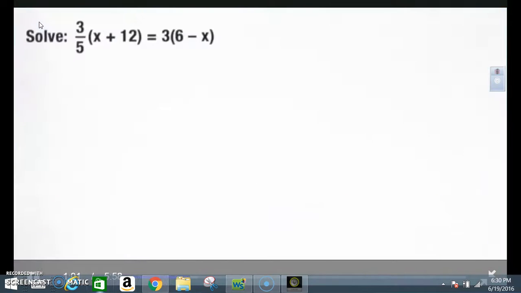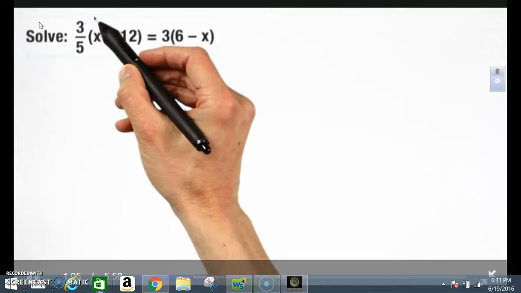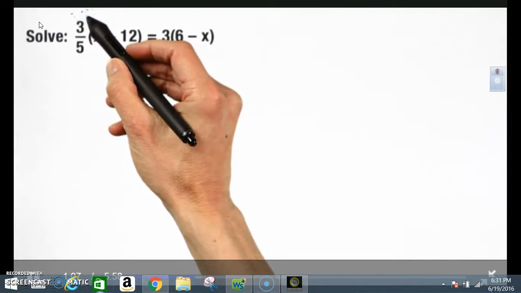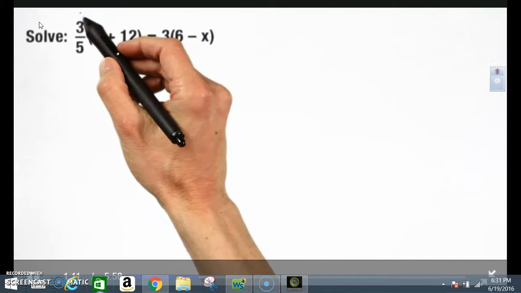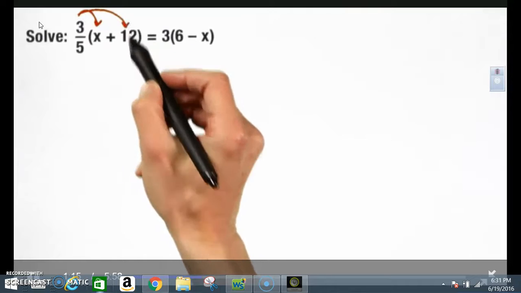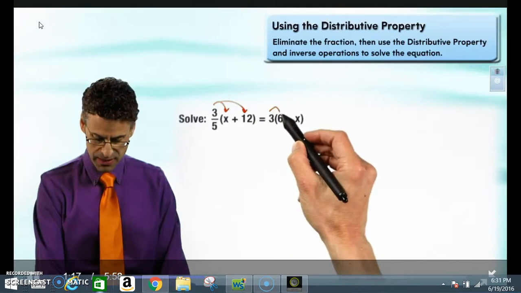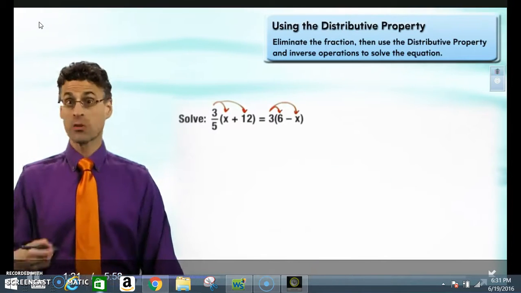What I have to do is make sure that I take 3/5 and multiply it by the x, and also multiply it by the 12. And similarly, the 3 has to multiply the 6, and also has to multiply the x. So that's what we have to do.